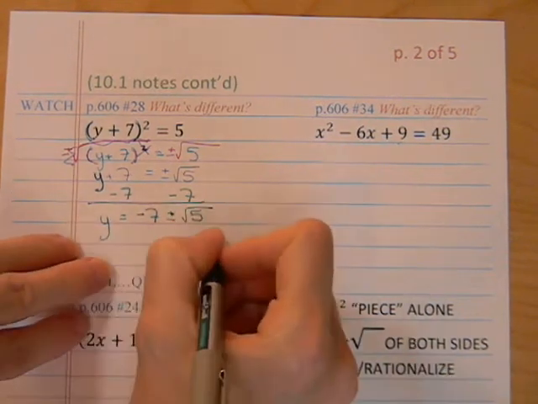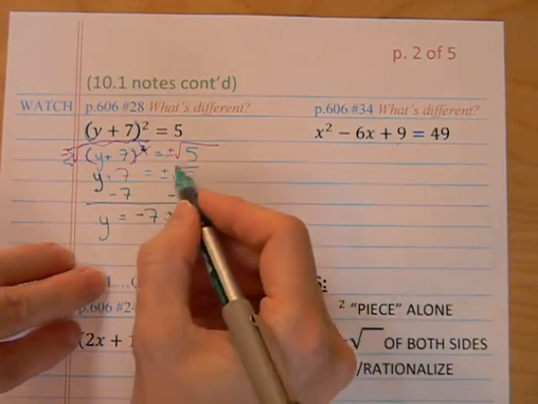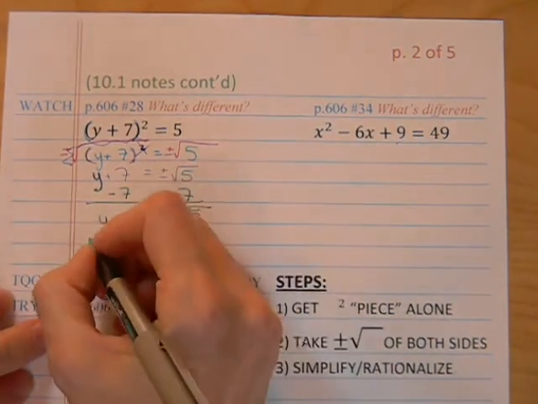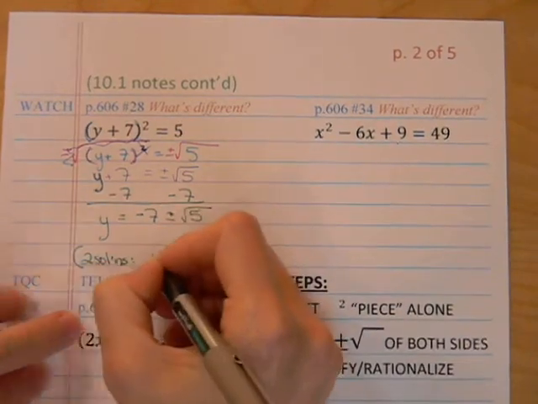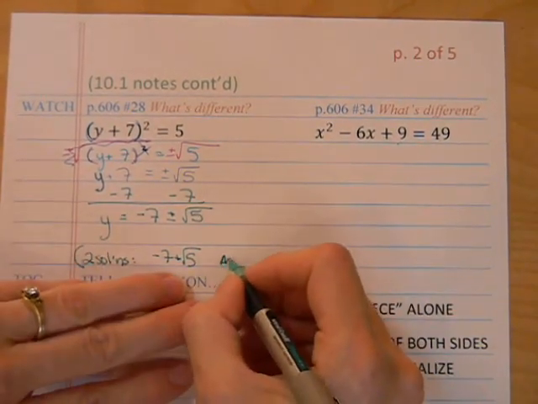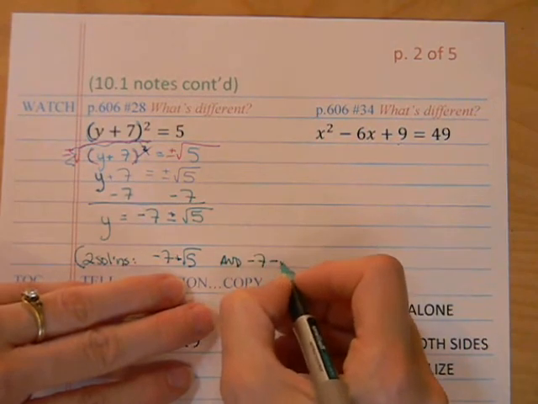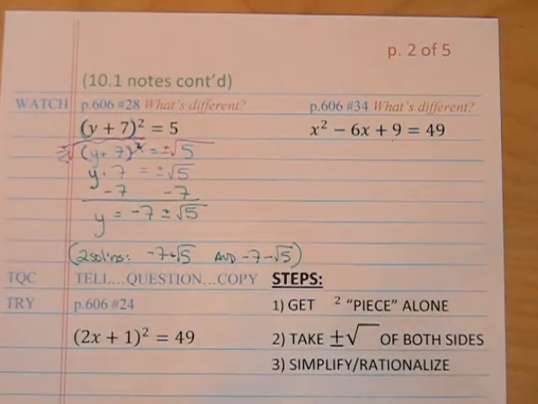This is the simplified version of this, -7 plus or minus radical 5. Make sure that plus or minus, which means there's two solutions here. There's -7 plus radical 5, and there's -7 minus radical 5. So those are those two solutions.